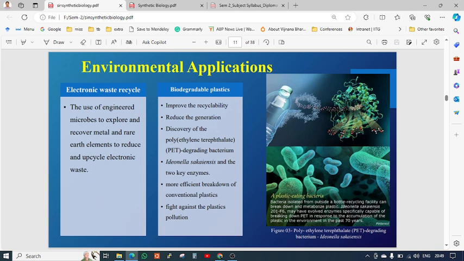This polyethylene or PET is the chemical name of the plastic, and we design some bacteria or genetically modified organisms which can destroy these things. Ideonella sakaiensis has two key enzymes. So we are defining different enzymes that are also produced for more efficient breakdown of conventional plastics and to fight against plastic pollution. So these help to reduce plastic pollution. This is the use of synthetic biology.